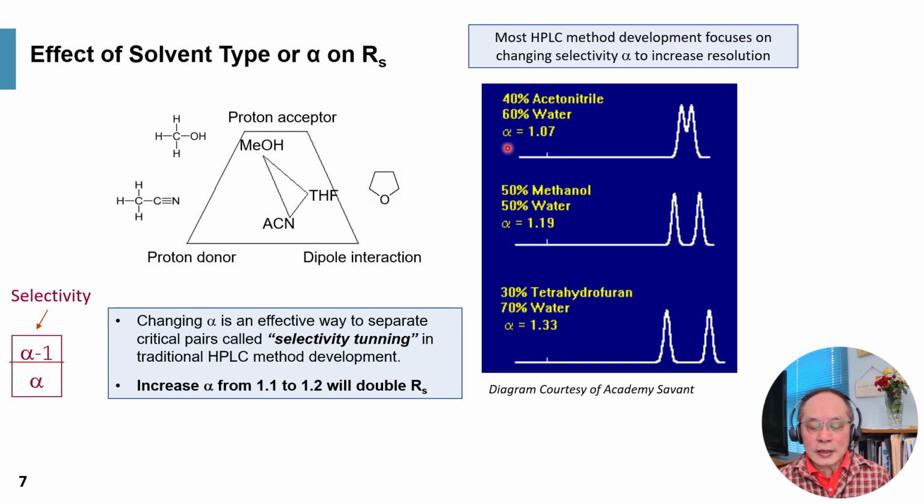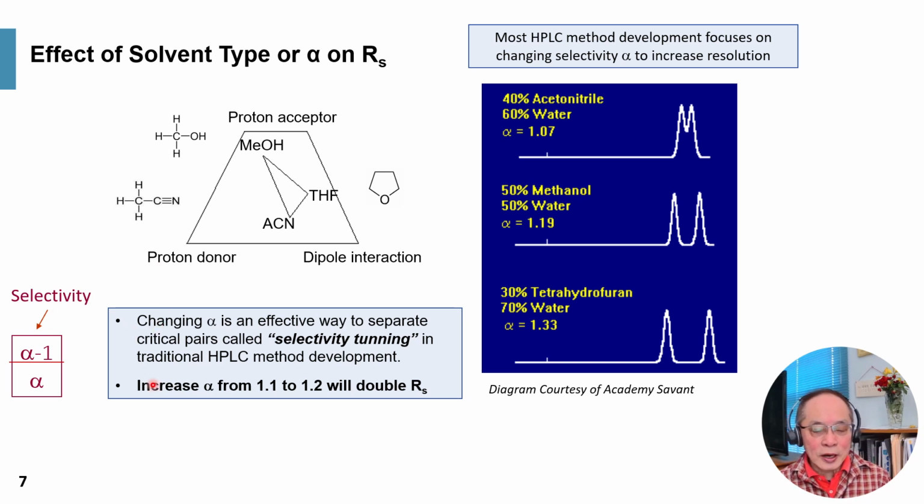Looking at the illustration of the case study, using 40% acetonitrile, we have an alpha of 1.07, a partial elution. Methanol is better in this case, with an alpha of 1.19, leading to an excellent resolution. And THF is a stronger solvent, so you actually need less THF, 30%, and the alpha is actually 1.3.